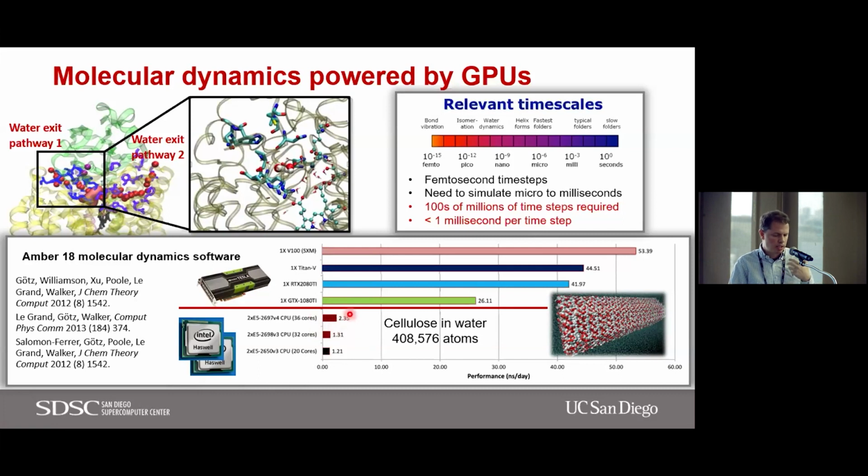And that's basically the simulation time in the life of a molecule that you can get in 24 hours. So nanoseconds of simulation per day. And you can see that both on data center and also on gaming GPUs, you can get orders of magnitude higher computational throughput. And that has really transformed the way that people can do science with molecular dynamics simulations.